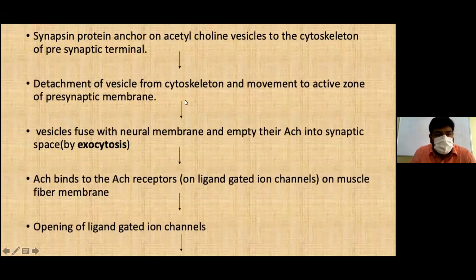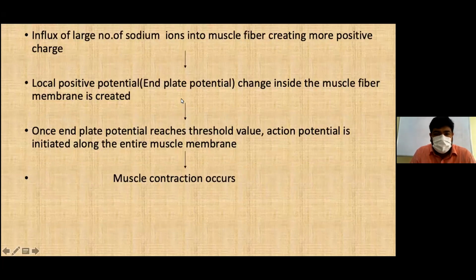There is a large influx of sodium ions into the muscle fiber, creating more positive charge. The reasons for the large influx of sodium ions into the muscle fiber are two: one is the high sodium in the extracellular fluid, and the other is the negative potential inside the muscle fiber.